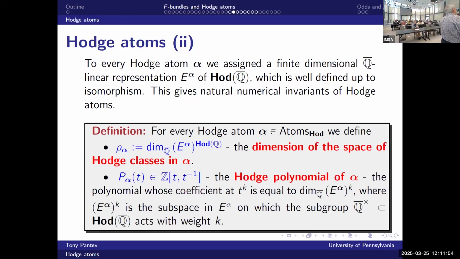So for every Kontsevich atom, you get the dimension of the locus of Hodge classes, which is just the eigenvalue 0 case in the alpha. And you get a polynomial. It's a Laurent polynomial, and it just counts the dimension of the other eigenspaces for the grading group, for the Q bar invertible elements in Q bar, which sit inside the module.